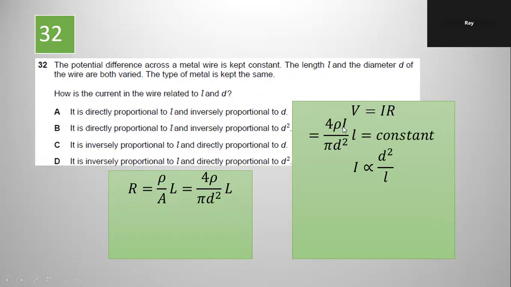D squared over L. So that's your answer. Can. Which is not clear? Resistivity always will come out. The formula.